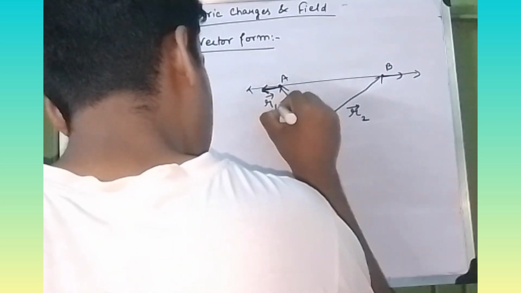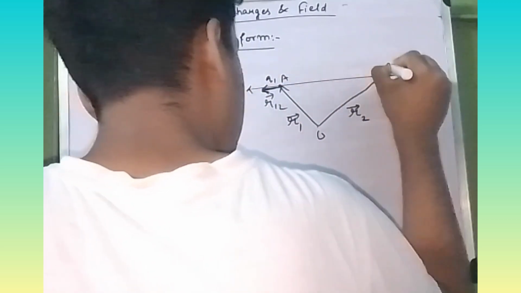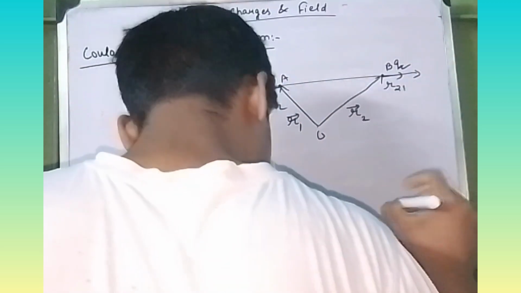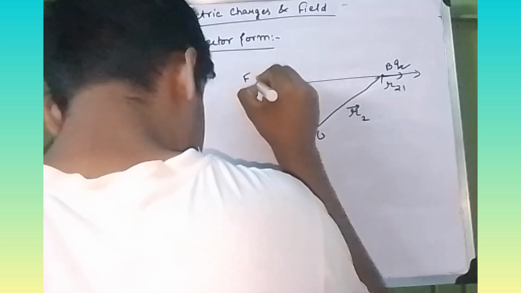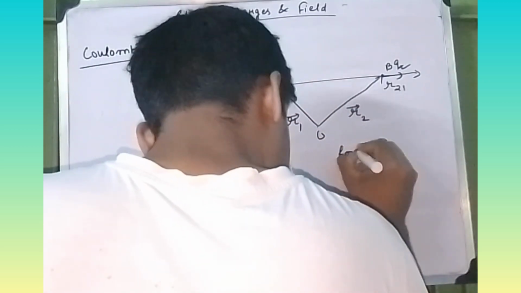Let the charges at A and B be q1 and q2, and the vectors OA will be r1 and OB will be r2.